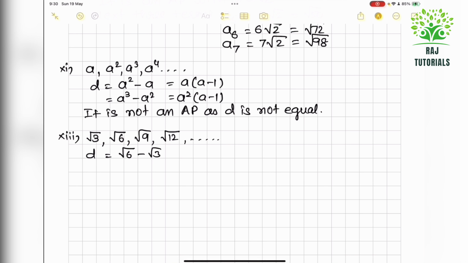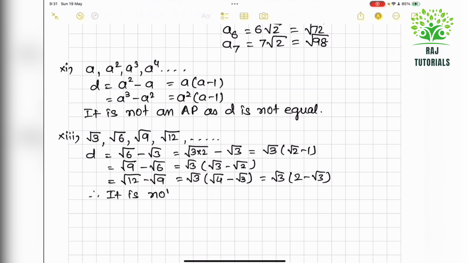Then root 12 minus root 9, root 3 if I take common, root 4 minus root 3, that is root 3 into bracket 2 minus root 3. Therefore, it is not an AP as D is not equal.